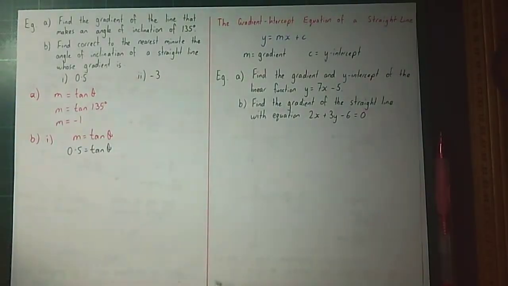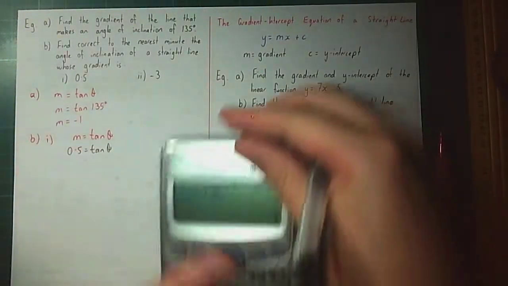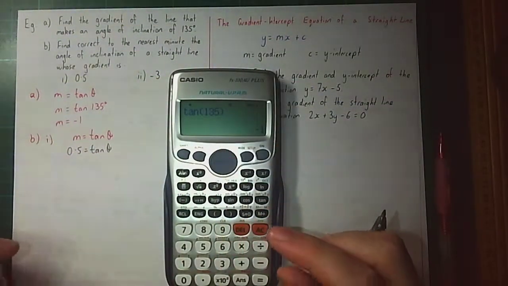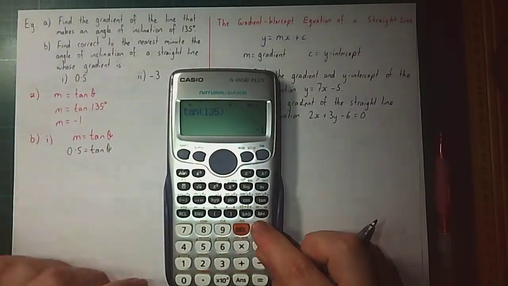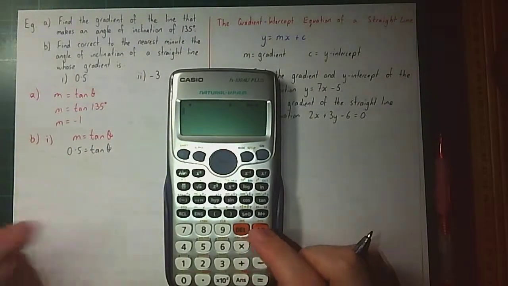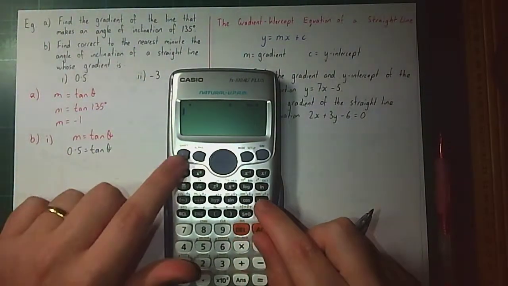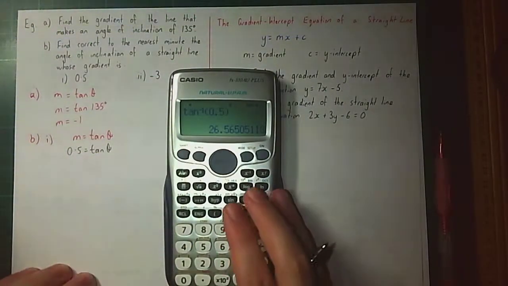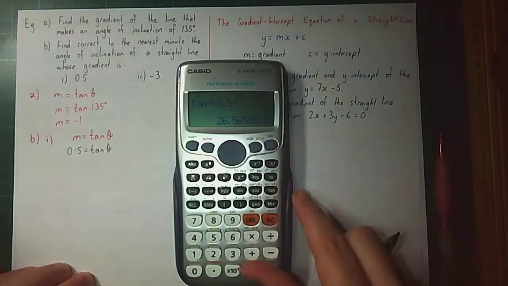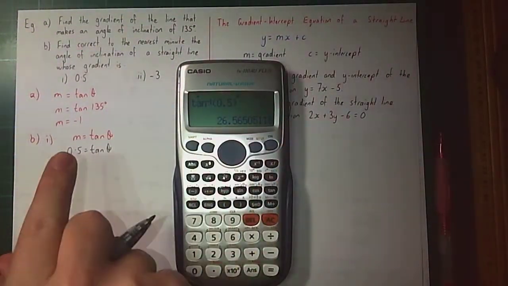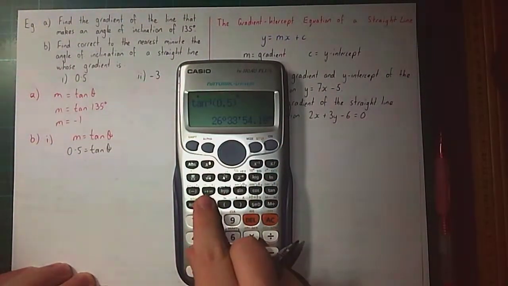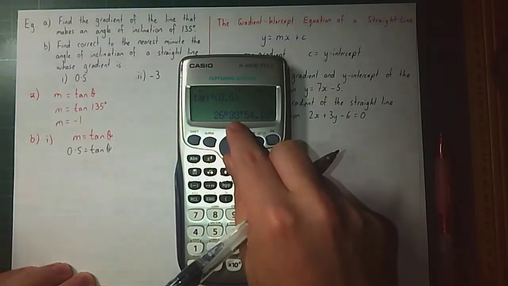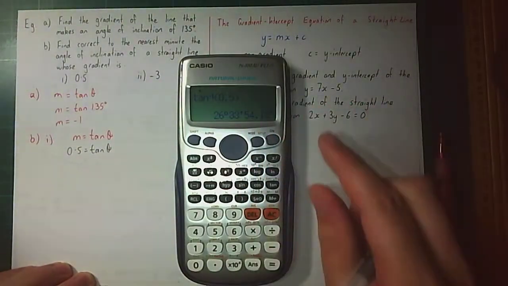The way I like to remember how to find an angle is we press shift, because angles hide in corners, so they're going to be shifty beings. Shifty beings always hide in corners. So if we do shift tan of 0.5, we get a solution of 26.565, etc. We want to make sure it's to the nearest minute, so we press the degrees, minutes, seconds button, and it says 26 degrees, 33 minutes, and 54-ish seconds.